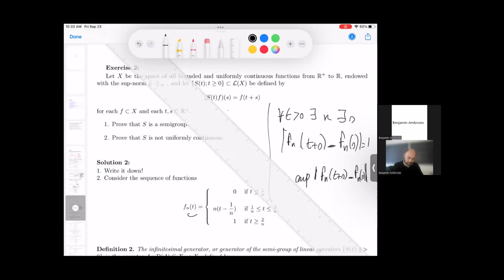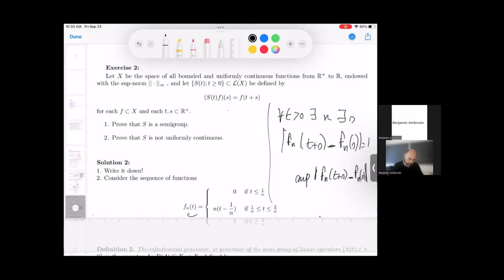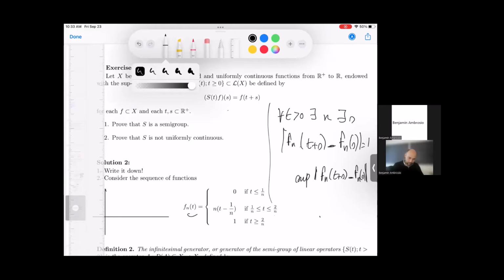If I trace here like that, now you have a t, let's say you have a t here.